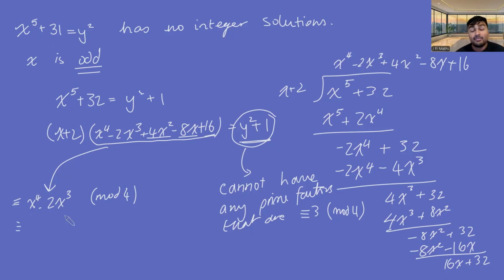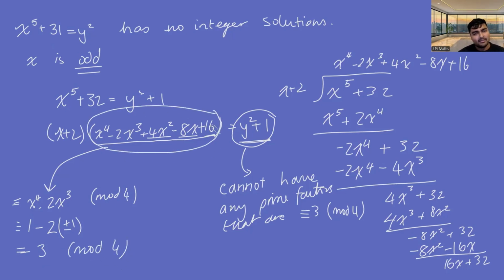So any odd number to the power of 4 is always going to be 1 mod 4. And then what about a cube number? Well, that's either going to be positive 1 or minus 1 mod 4. Now this is going to be 1 minus 2 or 1 plus 2. But mod 4, either way, that's just going to be 3 mod 4. And so this is going to be 3 mod 4.